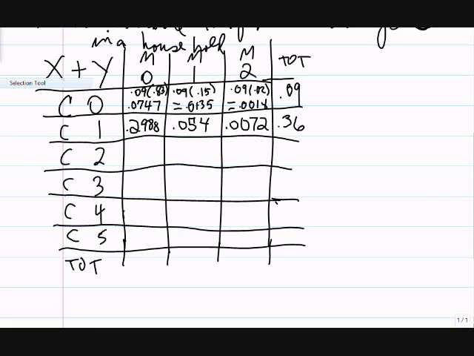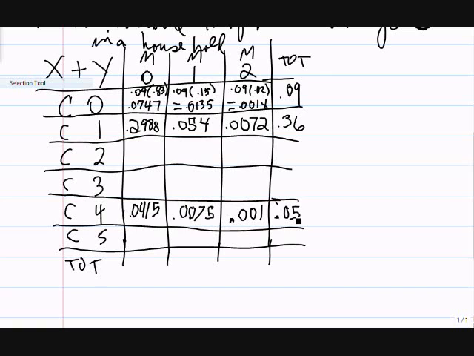Okay. Rows. Very good. Row 6, come on. Somebody from row 6.